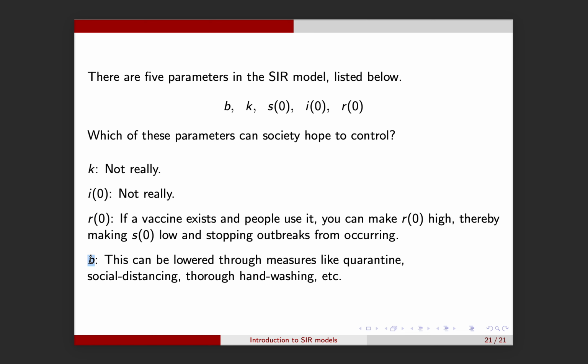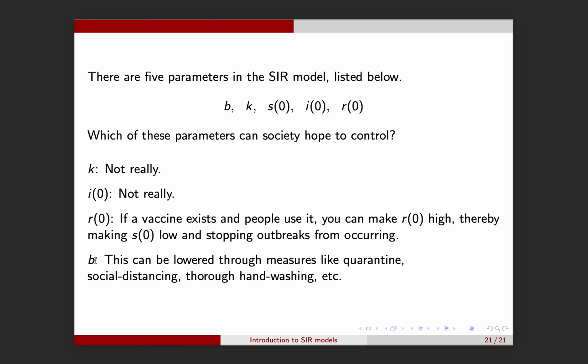B was a measure of contagiousness. So you can make B small if you want to, and depending on how draconian you want to be, you can make B 0 or close to 0. As I'm making this video in Shanghai, China, the government is literally locking people in their houses. If you do that, you can make B pretty small.